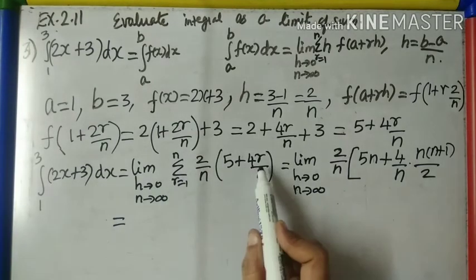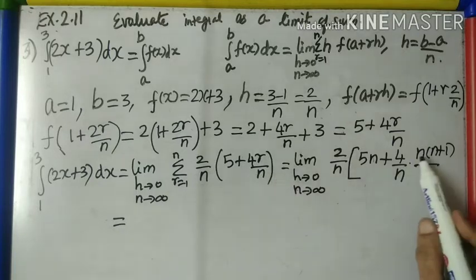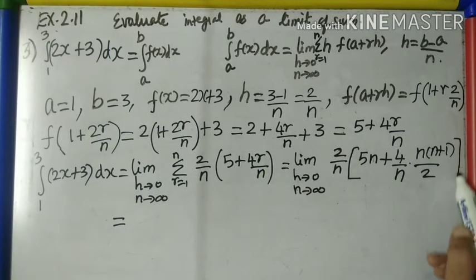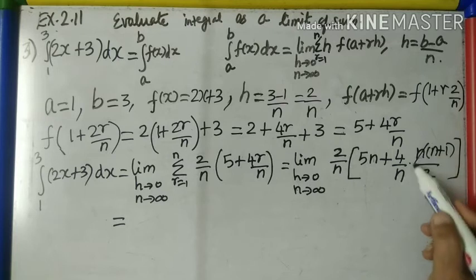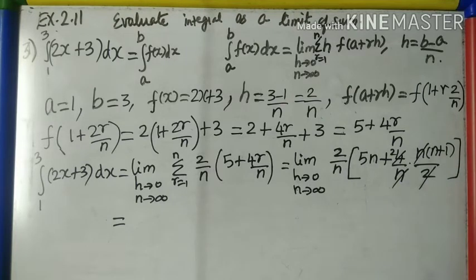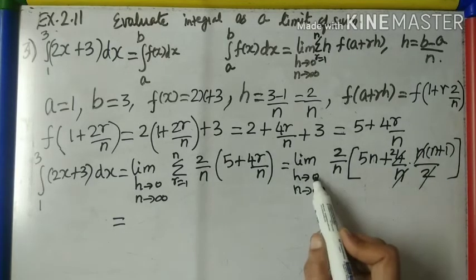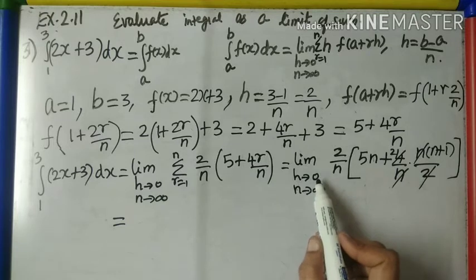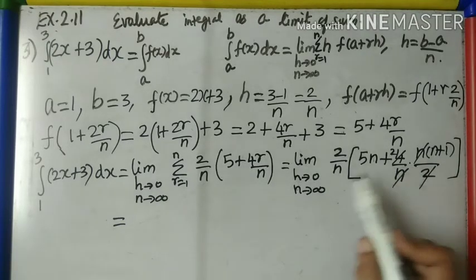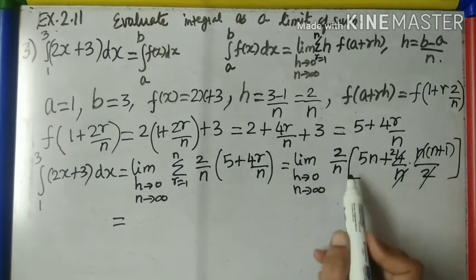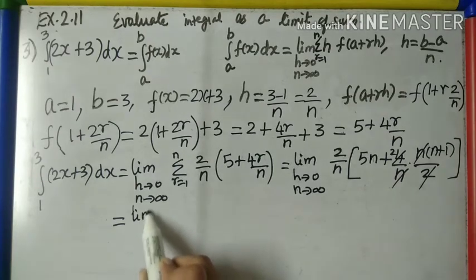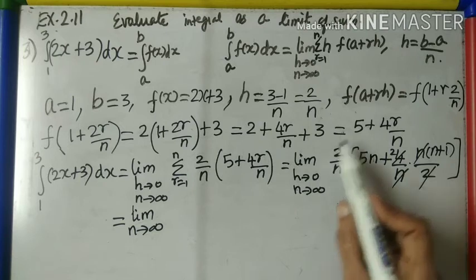So wherever sigma r comes, remember the formula n into (n plus 1) by 2. We can cancel one n and n. We can cancel one 2 also. Now take this 2 by n inside. See, h tends to 0 is no longer valuable because I have taken only n here. So forget h tends to 0. Limit n tends to infinity. 2 by n I am multiplying.